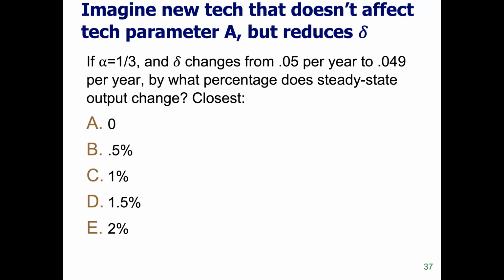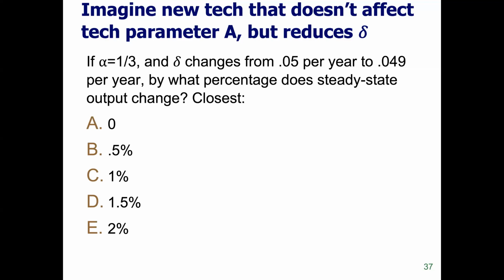Okay, so here's the answer where we have a 2% decrease, so we have minus 2% times minus a half elasticity, and so minus a half times minus 2% is plus 1%. So this 2% decrease in the depreciation rate raises steady state output by 1%.